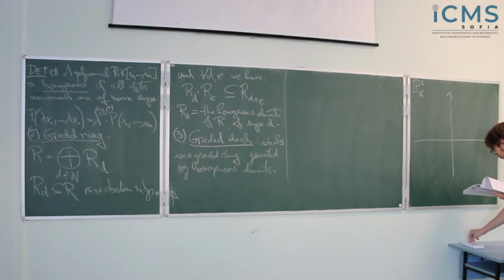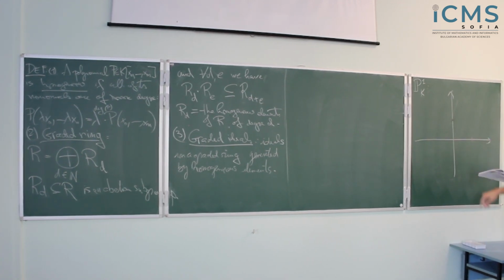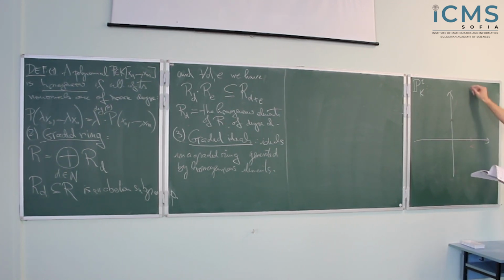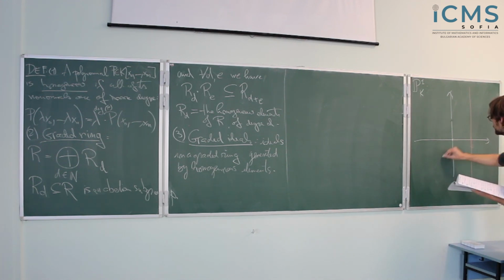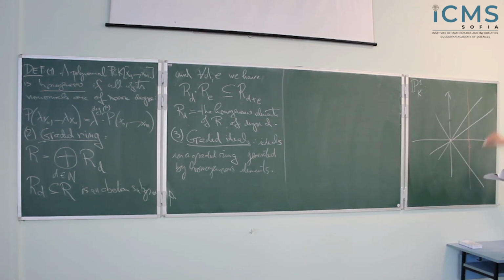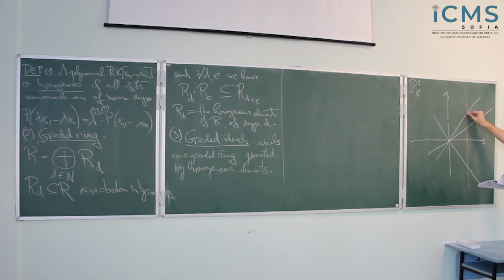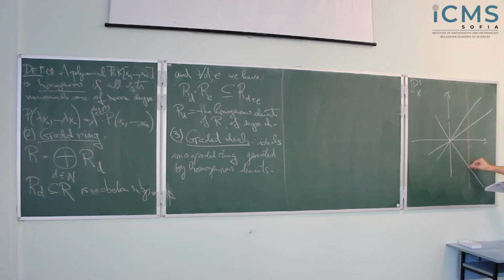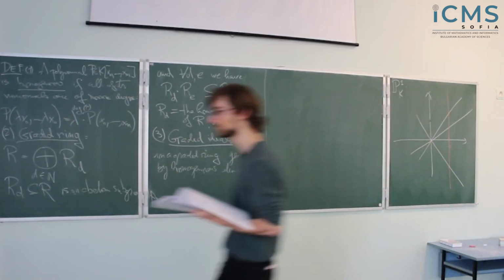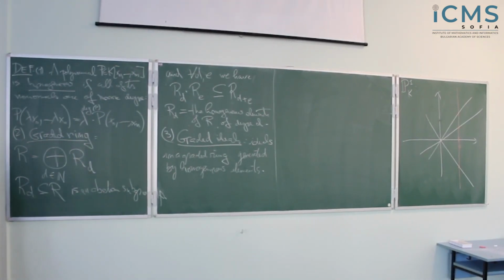Okay, so now let's draw the line x equals 1, or y equals 1, it doesn't matter. First the coordinate axes, and let's draw this line. Now if I think about the set of lines through the origin, you see that each line corresponds to precisely one point on that pink line.